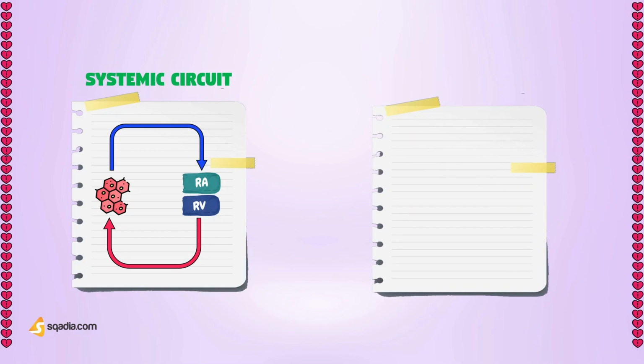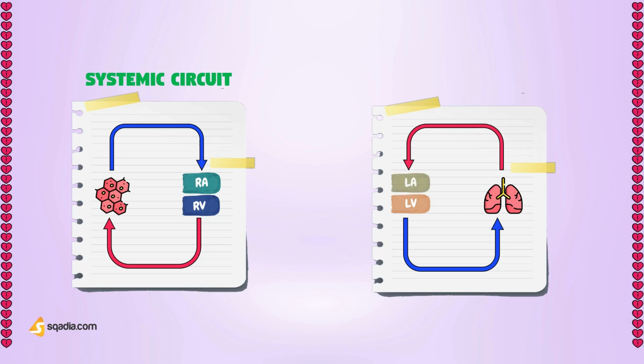So, it forms an independent circuit, which is the systemic circuit. Now, blood from the left ventricle, through the pulmonary artery, moves to the lungs, and then, through pulmonary veins, blood moves back to the left atrium. So, it also forms an independent circuit, which is the pulmonary circuit.